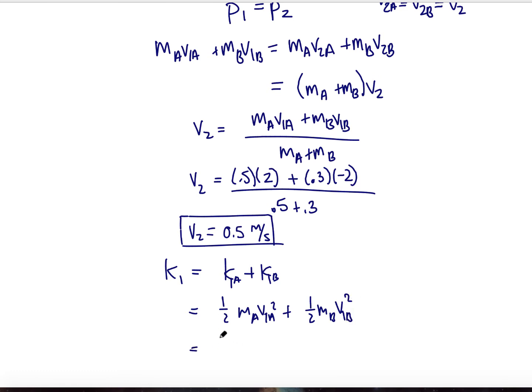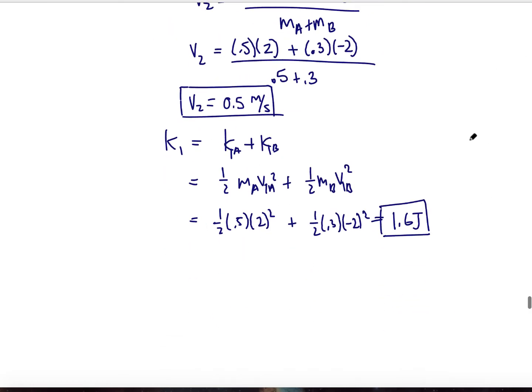And so for this, we'll have 1/2 times 0.5 times positive 2 squared plus 1/2 times 0.3 times negative 2 squared. And it truthfully doesn't matter which is which. We end up with an initial kinetic energy of 1.6 joules.